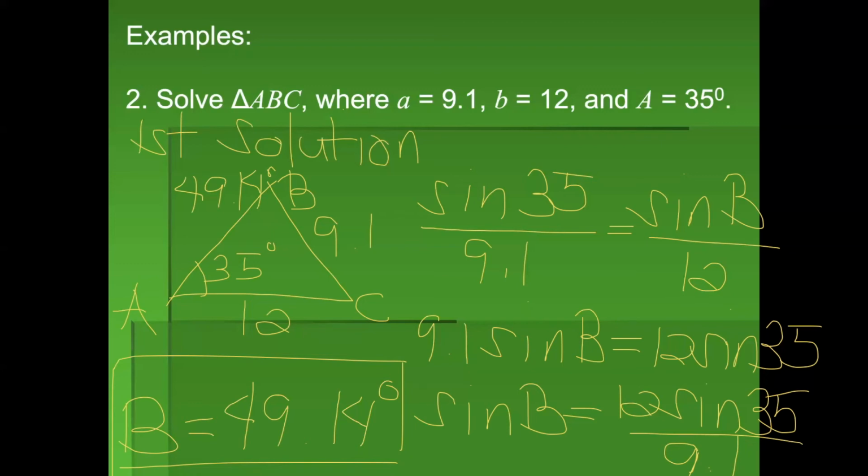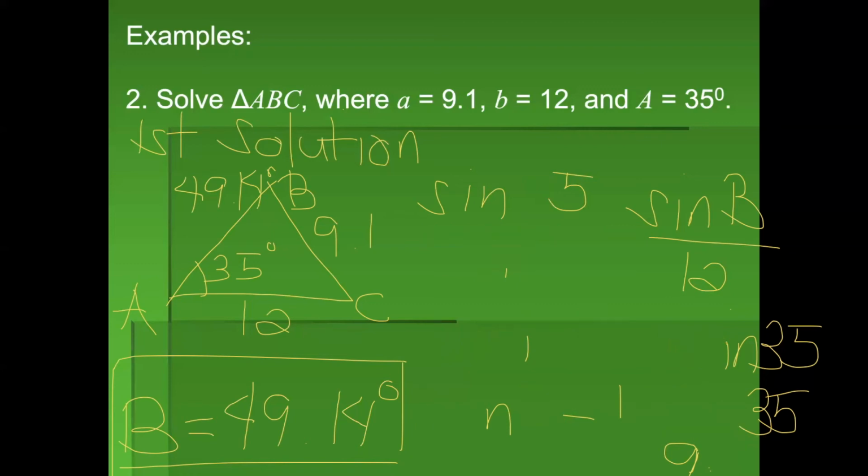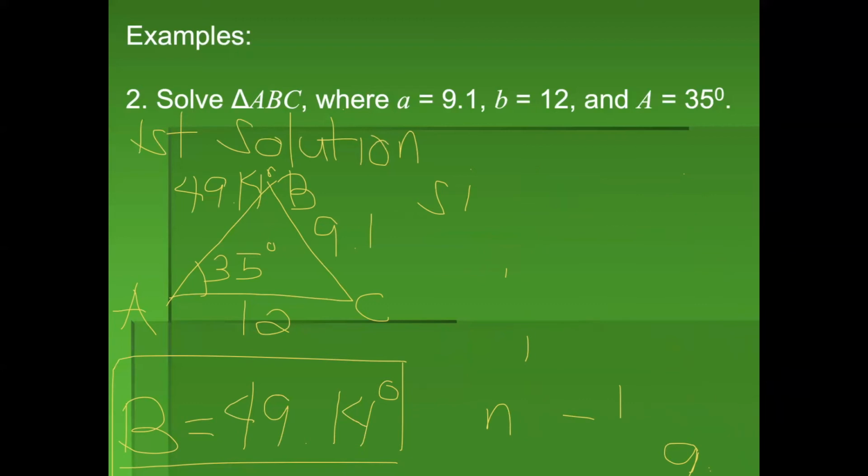We can now solve for angle C. Again, a triangle is always equivalent to 180. Therefore, angle C can be solved by adding 35 and 49.14, and subtracting the sum from 180.